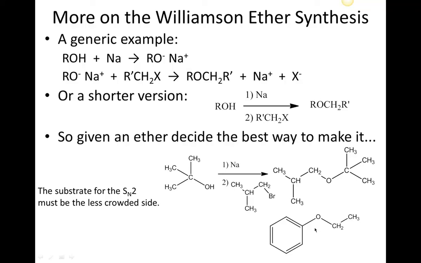So what we're seeing here is that it looks like this piece over here needs to be the substrate, and we need this part to have been the alcohol. So this is the bond that we're going to make right here. And so we need this alcohol, and it's a phenol. React that with the base. We'll make the anion right here, and then that's going to be the nucleophile for this SN2 step.